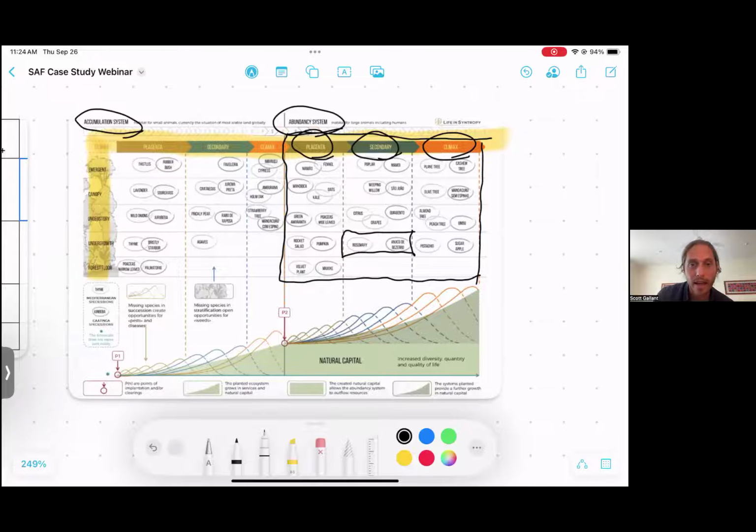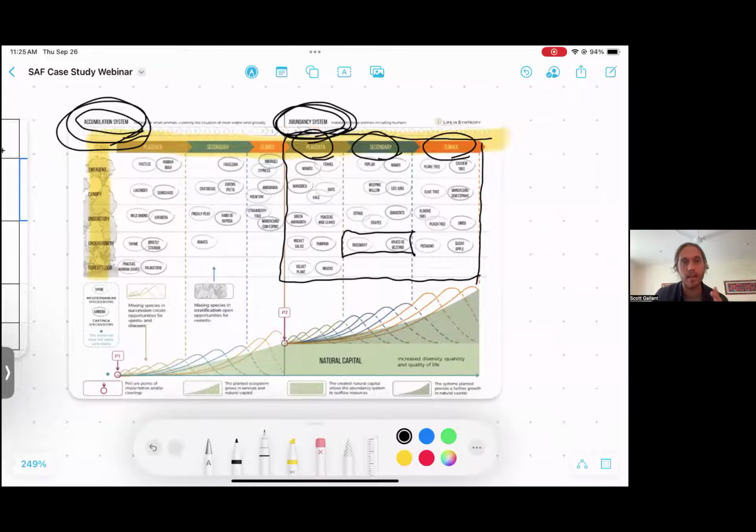So we're going to find things like olives, almonds, sugar apples, pistachios, citrus, grapes. This example is from a Mediterranean climate. So we work in the accumulation system when the land is heavily degraded and not yet ready to produce food for us. And when the land is ready to produce food for us, we move over to an abundance system.